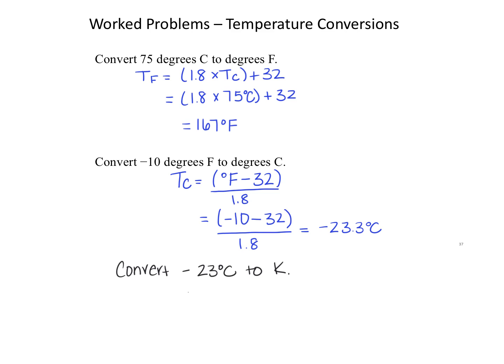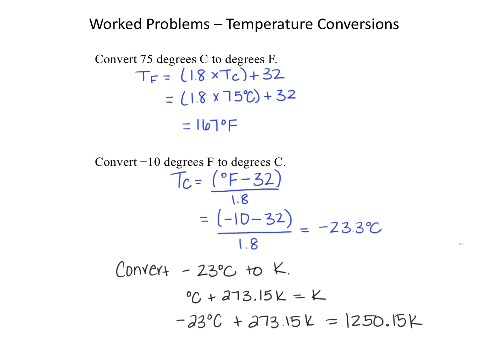So to do this, you're going to take the degrees Celsius and you're going to add 273.15 Kelvin, and that will give you the Kelvin. So when we do this, we'll take negative 23 degrees Celsius, add 273.15 Kelvin, and we'll get 250.15 Kelvin.